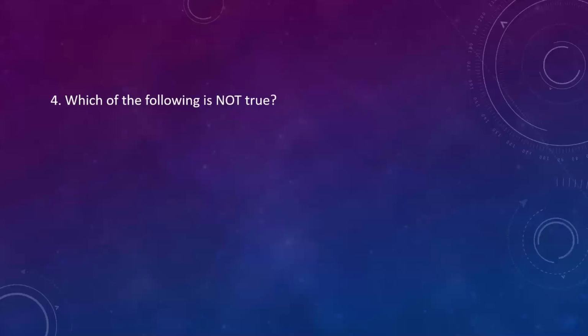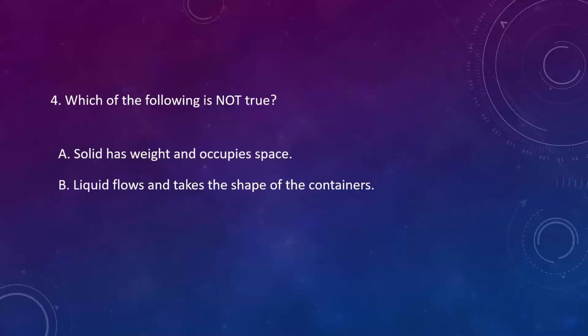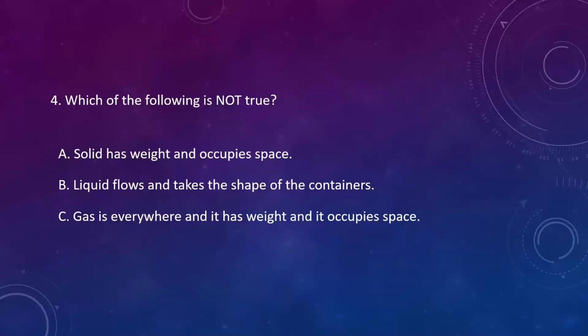Number 4. Which of the following is not true? A. Solid has weight and occupies space. B. Liquid flows and takes the shape of the containers. C. Gas is everywhere and it has weight and occupies space. D. Liquid and gas have no weight but occupy space.